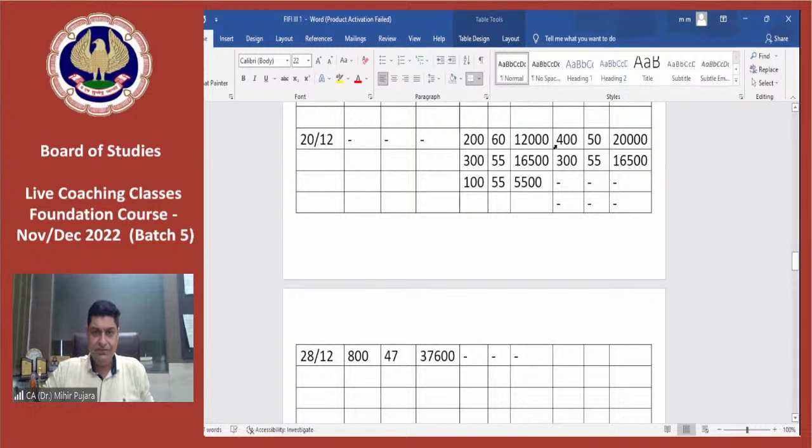No issue. So these two lots will be copied as they are, and the third lot will be added. So we will have 3 lots.